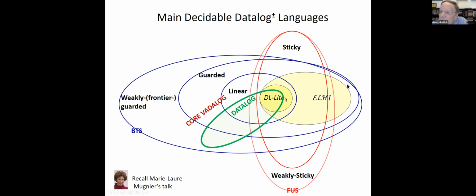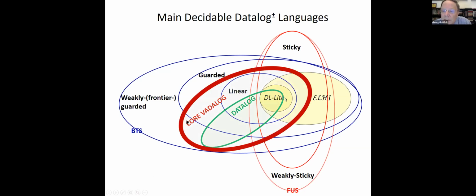This is another description logic, and this is another logic called sticky logic, which I don't have time to talk about today. What I want to show with this slide is that there's a lot of research going on to identify some really nice decidable fragments of extensions of Datalog that capture a lot of things. The core of our Warded Datalog language is approximately situated here, in this big red oval, and it captures Datalog.